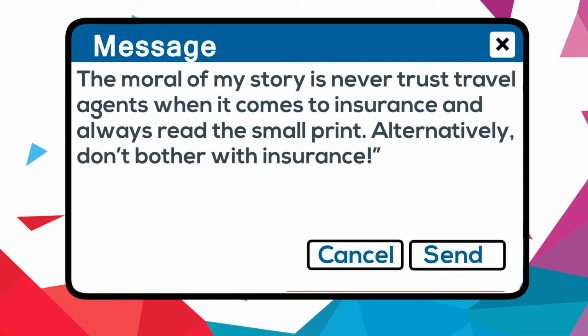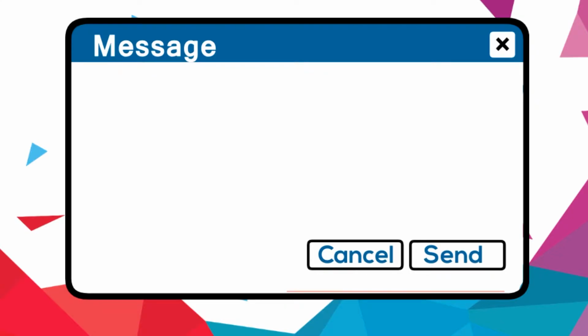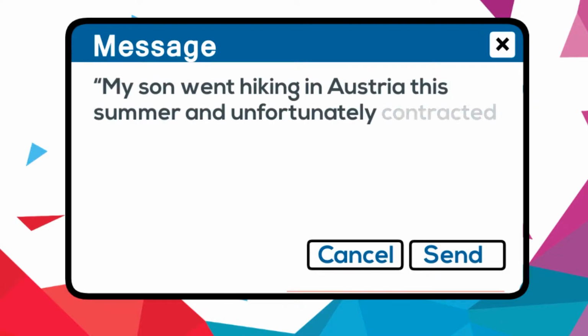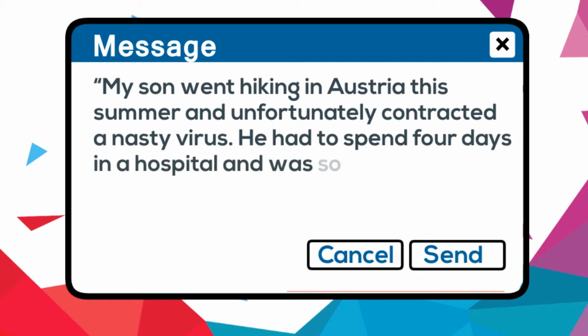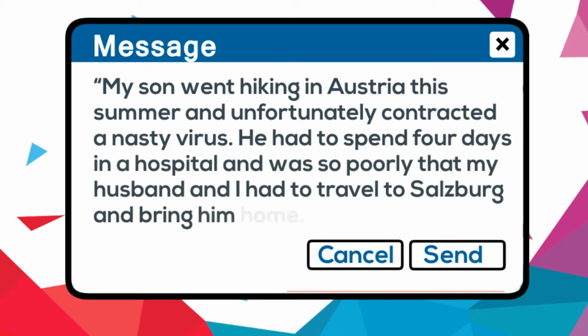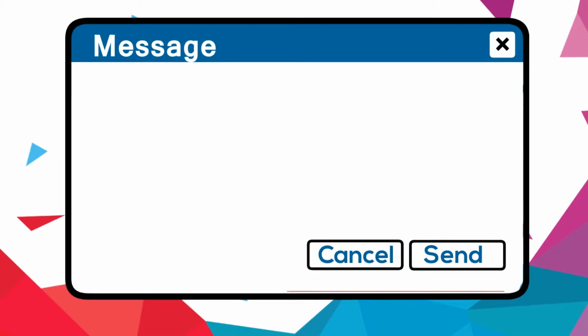Now, let's look at another extract, but this time with Moira's opinion. My son went hiking in Austria this summer and unfortunately contracted a nasty virus. He had to spend 4 days in a hospital and was so poorly that my husband and I had to travel to Salzburg and bring him home.